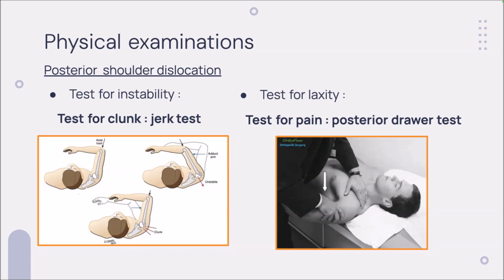When you perform an anterior drawer for the ACL, the patient will have no pain, right? So that is a laxity test. Instability tests always produce pain. Like the pivot shift, the patient has pain, right? That produces the feeling of subluxation, same as the shoulder. So a laxity test is a test that checks for some loosening of the joint, but does not produce pain. Okay, so you should perform the laxity test before the instability test. Yeah.